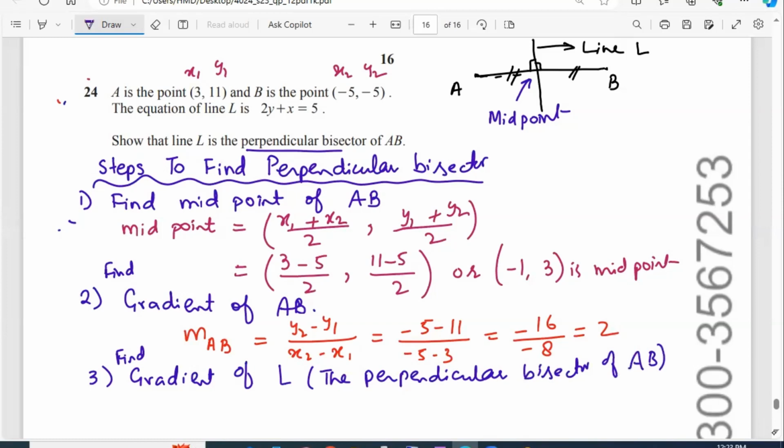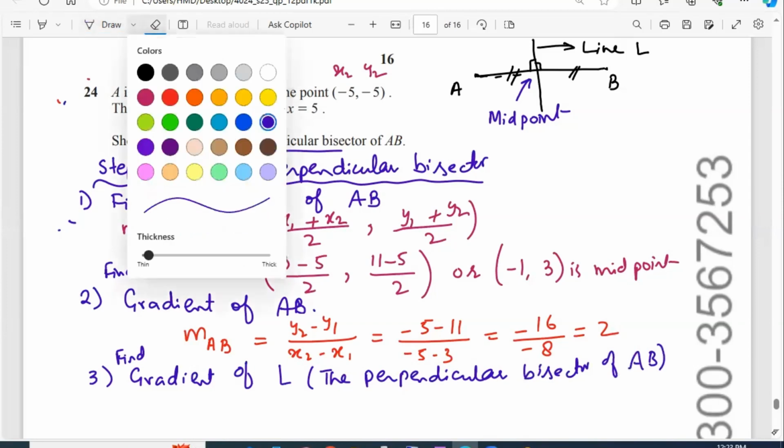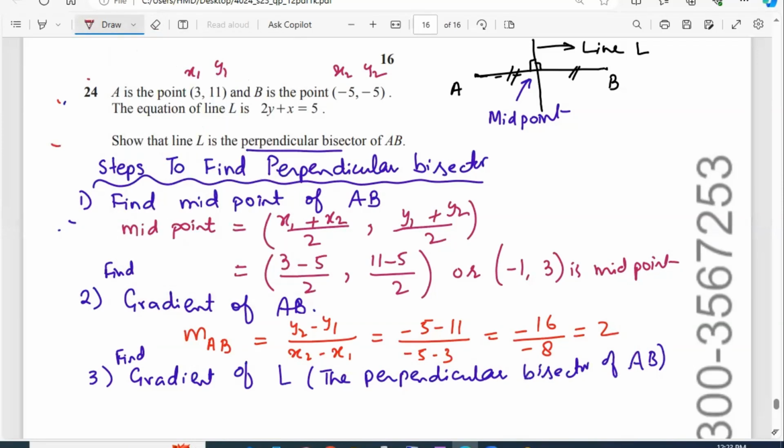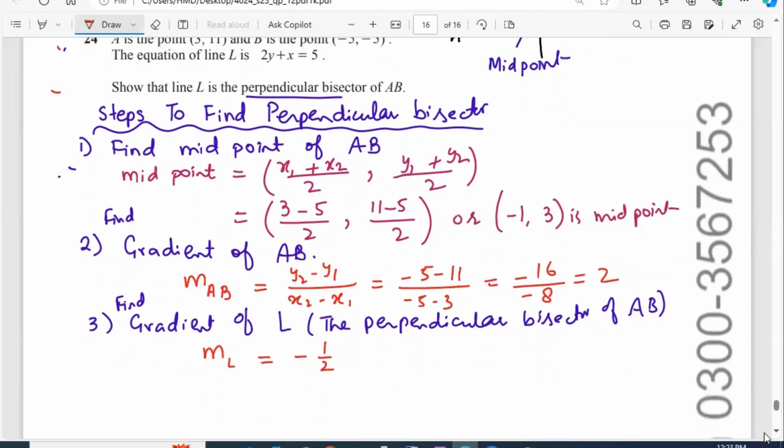So the gradient of L will be the negative reciprocal of the gradient of AB. So m of L will be -1 over 2. Now finding the equation of L, the perpendicular bisector.